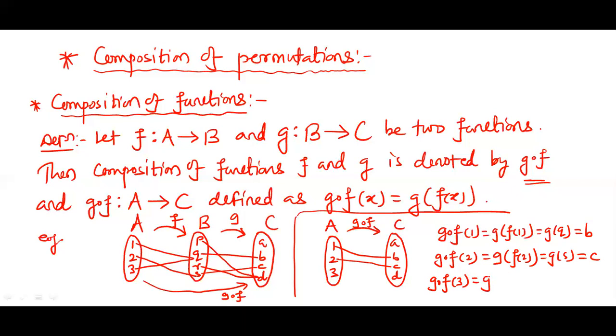It is g of f of 3. And f of 3 is Q. And g of Q is B. Means under function g naught f, 3 maps to B.